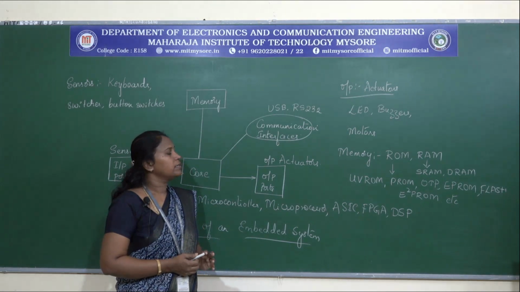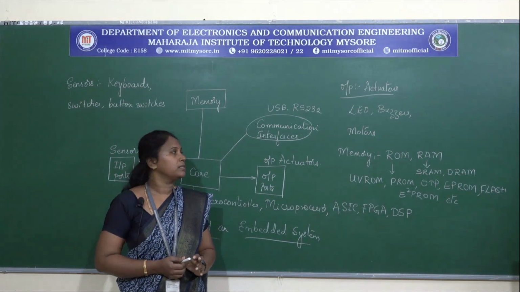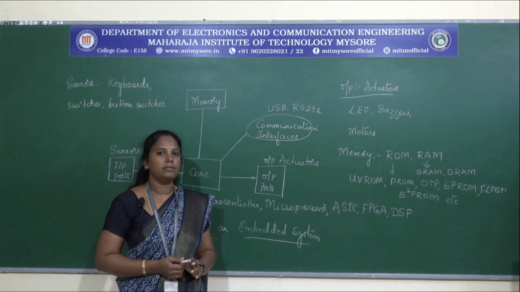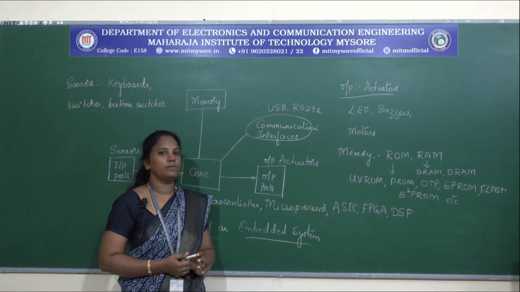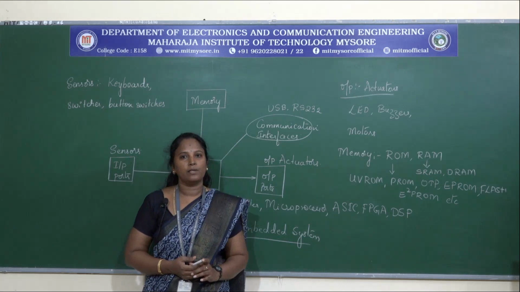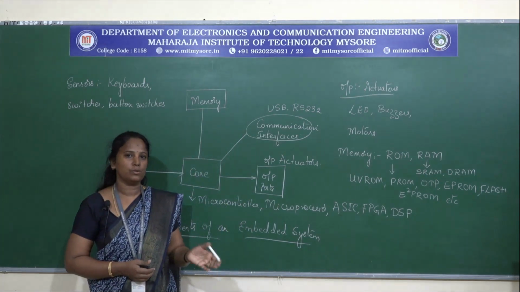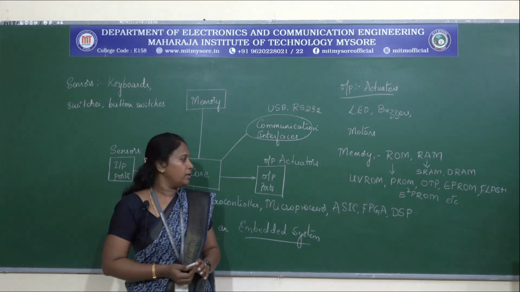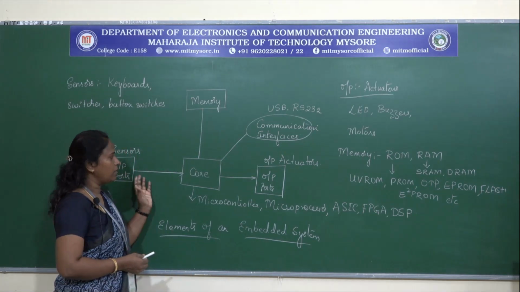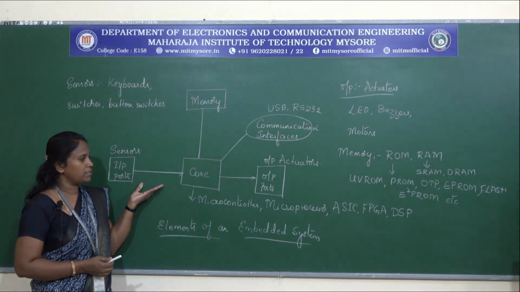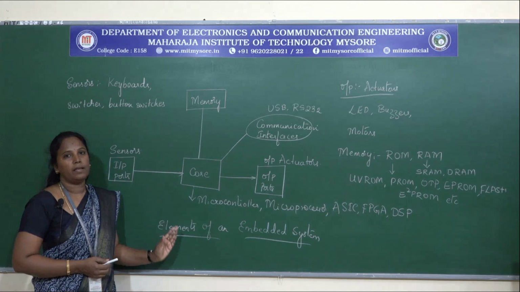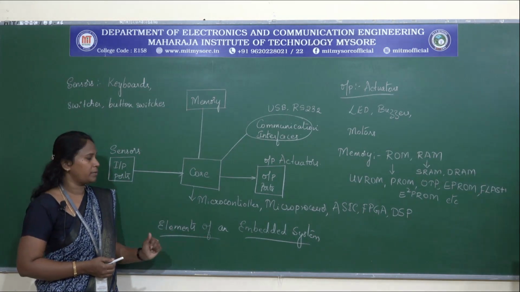The communication interface can be a USB cable, which is used for transferring information from the source to the destination. So all these blocks we have represented here form the elements of your embedded system.